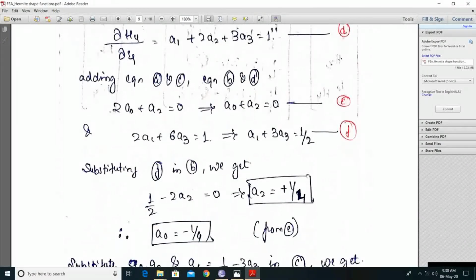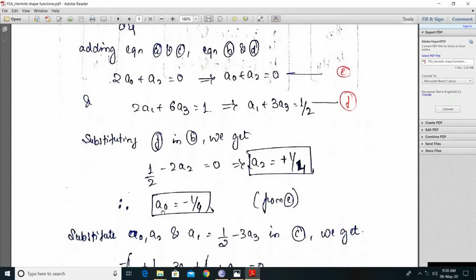When you go on simplifying, substituting F in equation B, you will get a2 as 1 by 4 and a0 as minus 1 by 4.